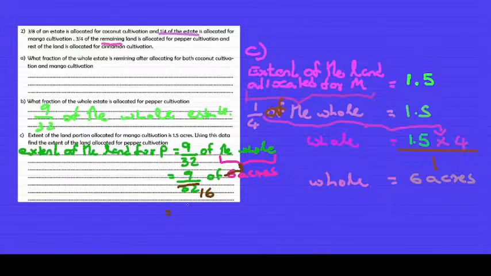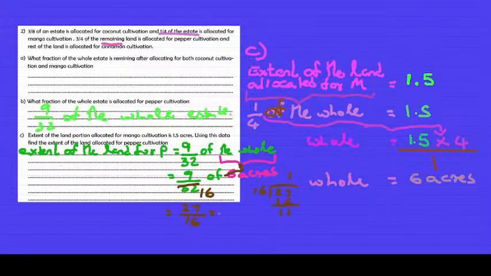So we get 9 times 3, 27 over 16 acres. If you are given it as a mixed number, you can leave this. You can simply say the extent of the land allocated for pepper is 27 over 16 acres, or you can go for a mixed number, since 27 over 16 is an improper fraction. That's 1 and 11 remaining.